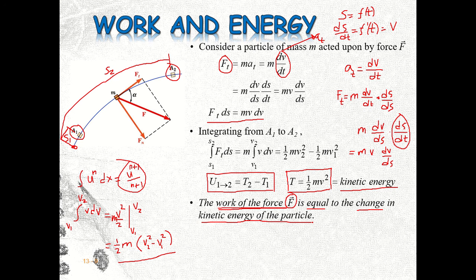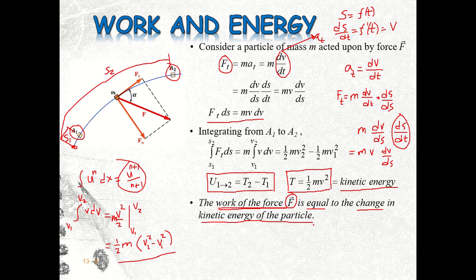Remember that kinetic energy T is 1 half mv squared. So the work from 1 to 2 is equal to the difference of the kinetic energy, T2 minus T1, where T is 1 half mv squared.